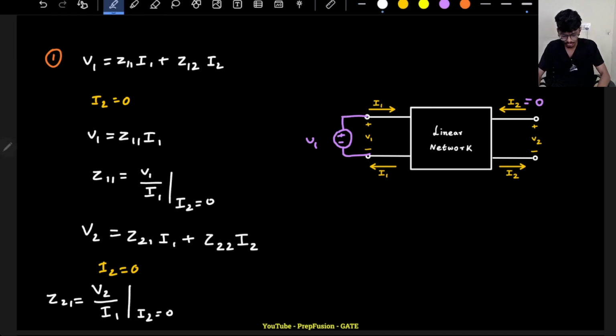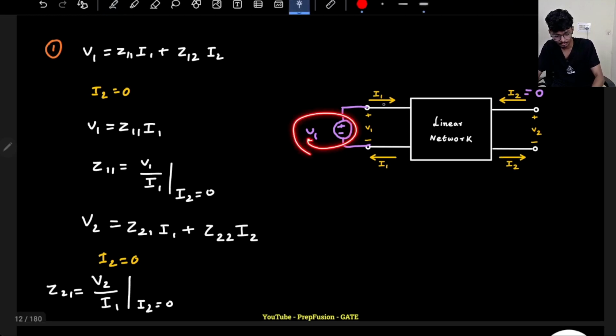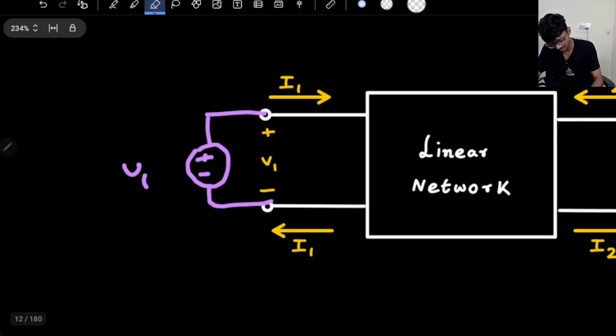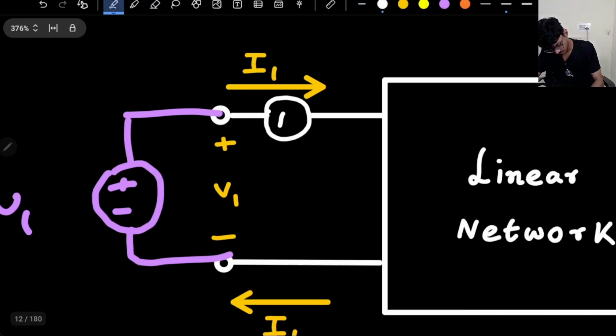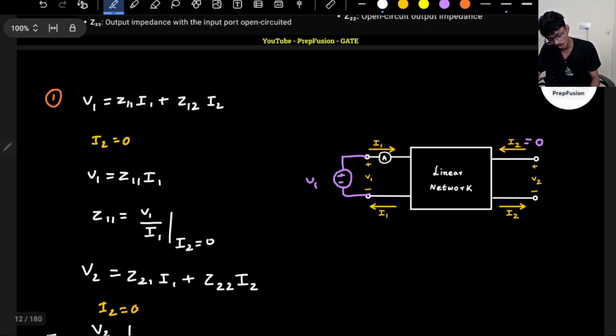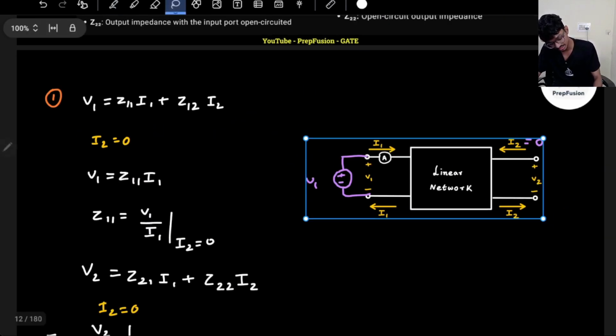Again, this time I will force a voltage here, but I will not measure the current through the ammeter. Previously I was measuring the current through the ammeter connected here. Now I will not measure the current, I will measure the voltage at the output port.